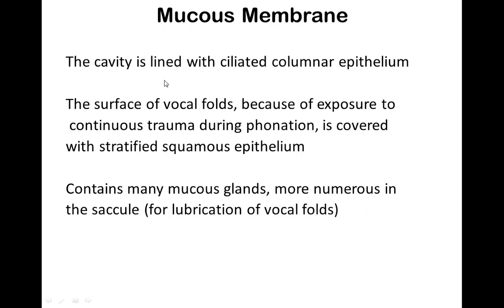The cavity of the larynx is lined by ciliated columnar epithelium, and the surface of the vocal fold, because of exposure to continuous trauma during phonation, is covered by stratified squamous epithelium and contains many mucous glands, more numerous in the saccule, for lubrication of the vocal fold.